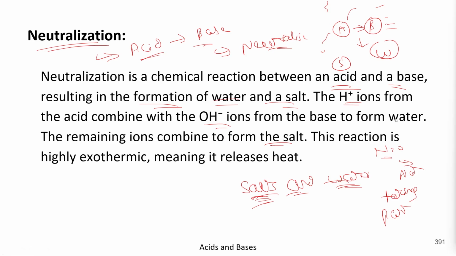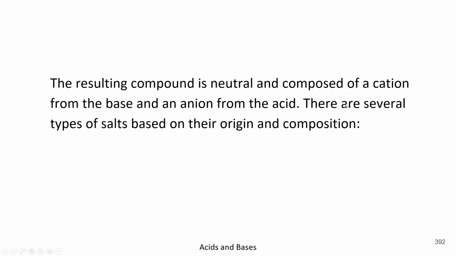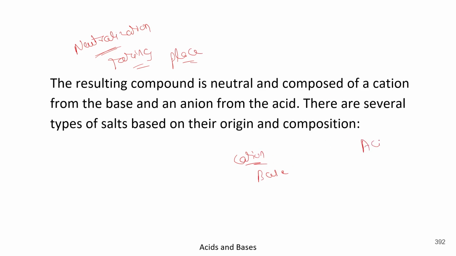So it is about the neutralization. Now let's move forward. Whenever the reaction of neutralization takes place, the cation from the base will combine with the anion from the acid.